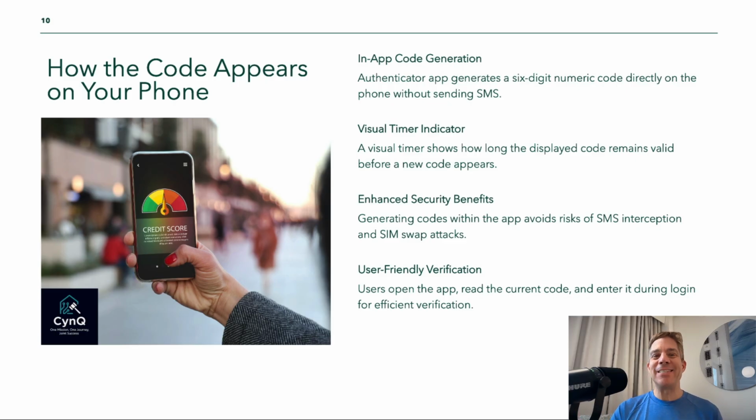So the experience is simple. You open the app, you view the code, you enter it, and you securely log in. So, guys, in summary, SpokesGuy leverages this approach to provide a more secure alternative to traditional OTP methods while keeping the user experience quick and straightforward.